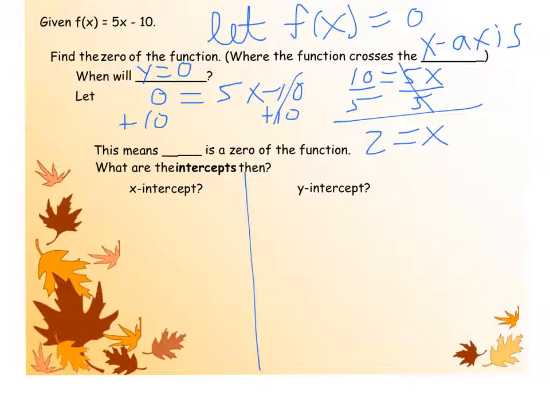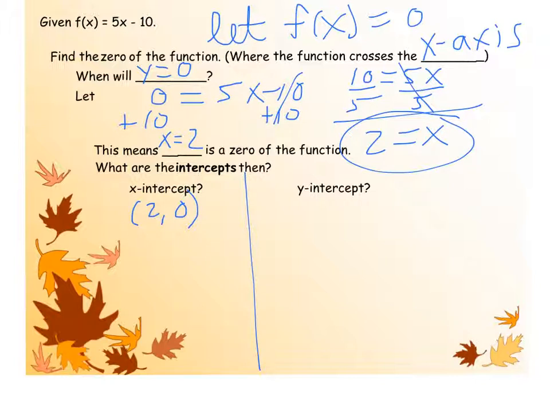This is what we call the 0 of the function, and that is where the x-intercept occurs. So x equals 2 is a 0. What are the axes intercepts? The x-intercept I just found: 2, 0.